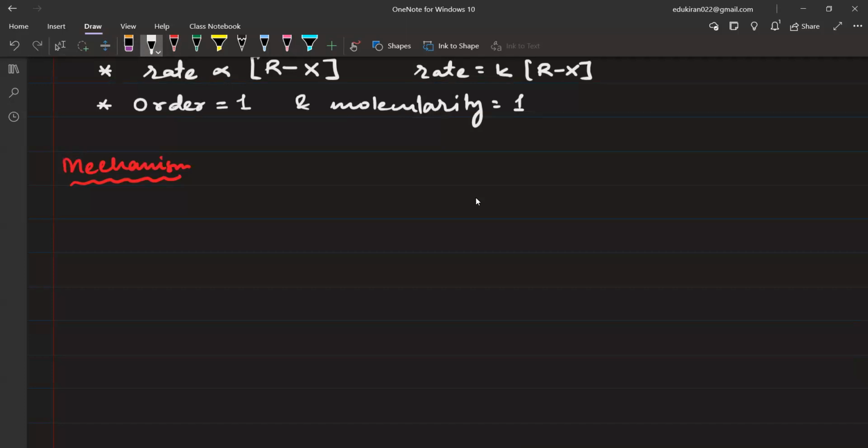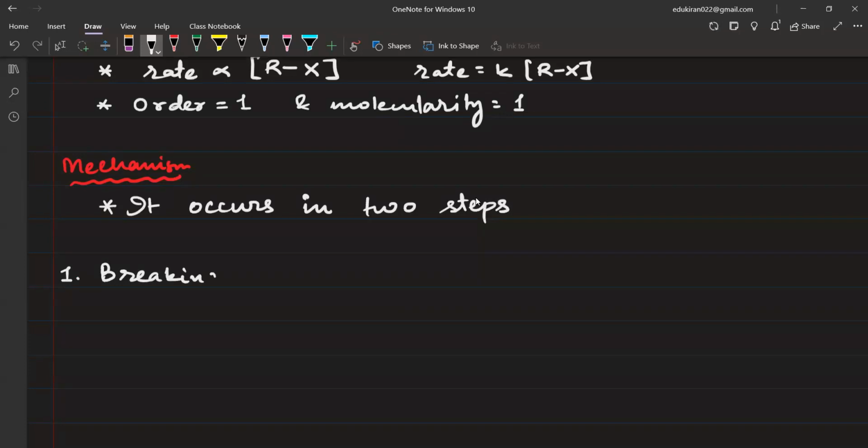So SN1 occurs in 2 steps. Number 1 is, first the breaking of the C-X bond happens.